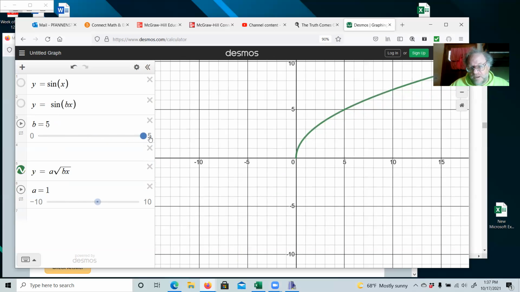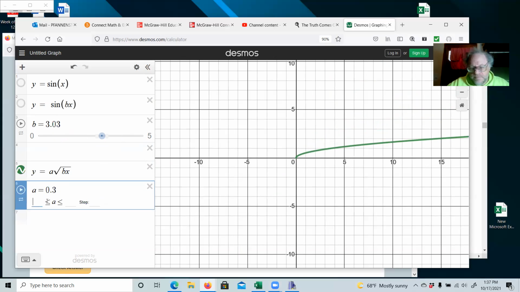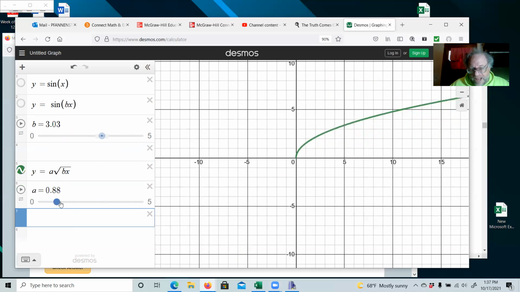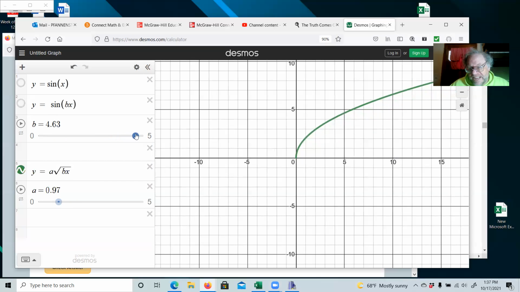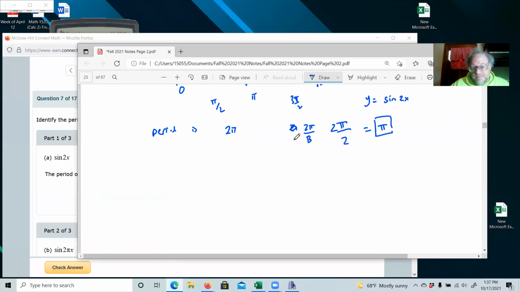I'm raising the inside one, and it almost looks like I'm raising and lowering it. Same thing is going to happen here. If I'm on the outside, it looks like I'm raising or lowering. What's technically happening with the b part is I'm shrinking or expanding it. But in this one, I'm stretching or compressing it. But with sine and cosine, there's a very distinct difference in what's going on with horizontal stuff and vertical stuff.